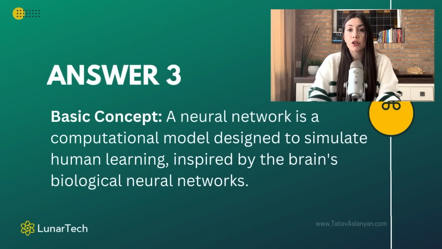So I would mention as an answer to this question that neural networks are a foundational concept in the field of deep learning and in the field of artificial intelligence in general. It's a computational model that is inspired by biological human brains, and it tries to replicate the way humans learn and interpret information. They take the input data and process that information.